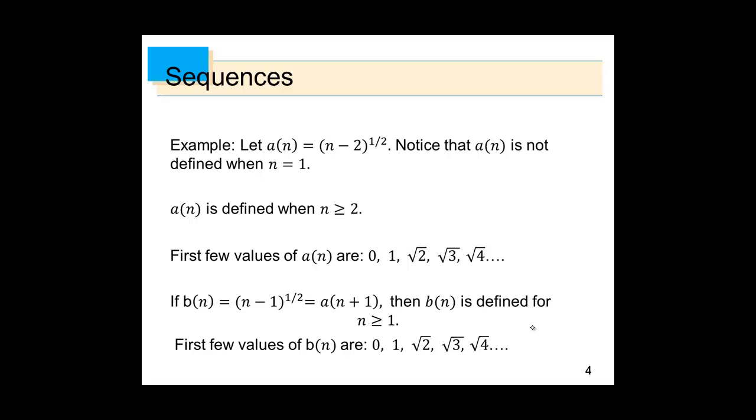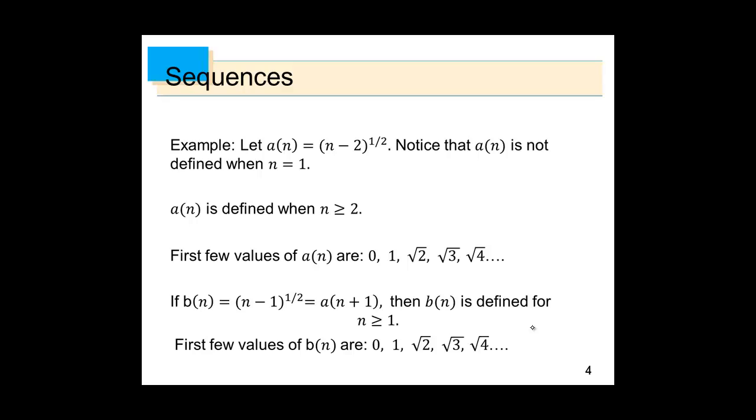Now, I'm going to define another sequence, B of n. In the sequence A of n, I am going to replace n by n plus 1. So if I do that, notice that I get n minus 1 to the half, right?